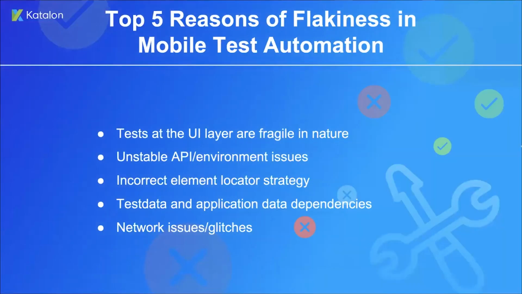So let's talk about some of the reasons flakiness exists in mobile test automation. Some of these reasons are also applicable to test automation in general, not just specifically mobile test automation. The first reason is that tests at the UI layer are very fragile in nature.